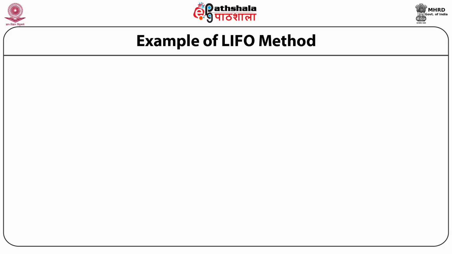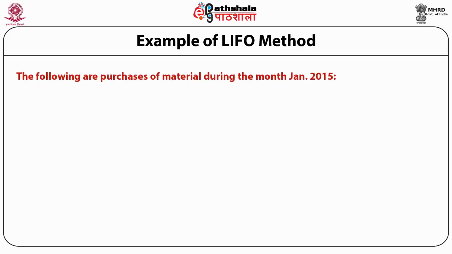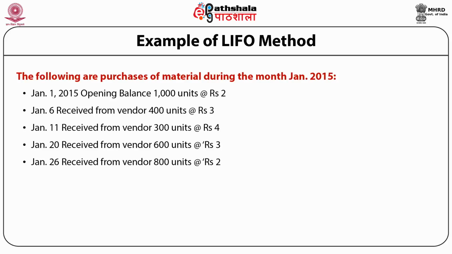The LIFO method is also clarified with the help of this example. The purchases of material during the month of January 2015 are given. On January 1st, opening balance of 1000 units at the rate of 2. On 6th January, 400 units at the rate of 3. On January 11, 300 units at the rate of 4.